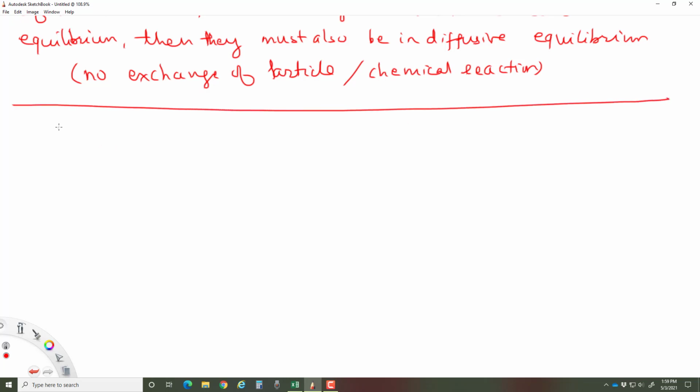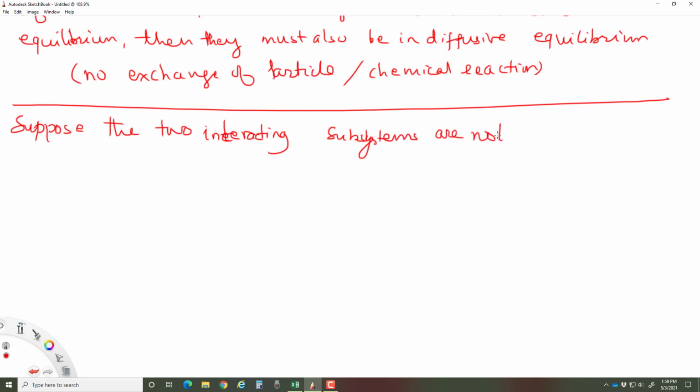So suppose the two interacting subsystems are not yet in equilibrium.